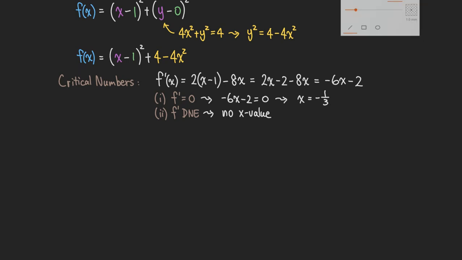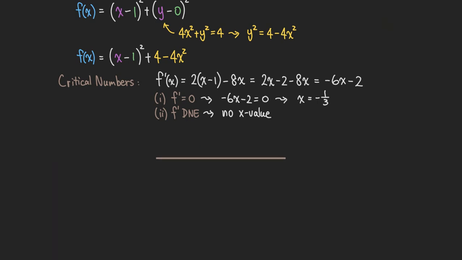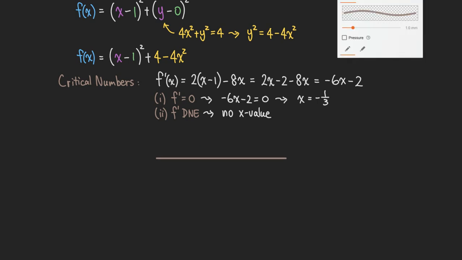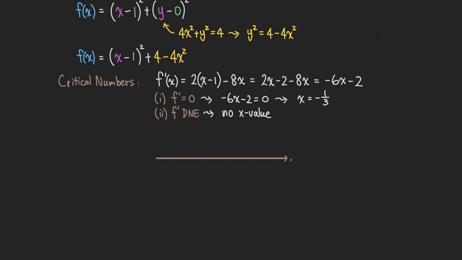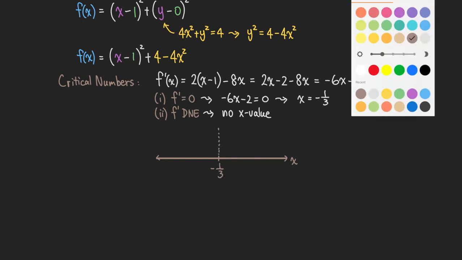Okay, let me draw that again. This is our sign analysis chart. This is the x-axis, and then we put that critical number on there. That's the only number that we are going to be putting on here.